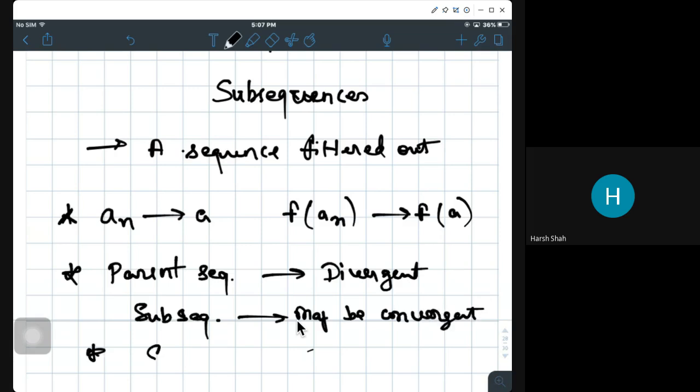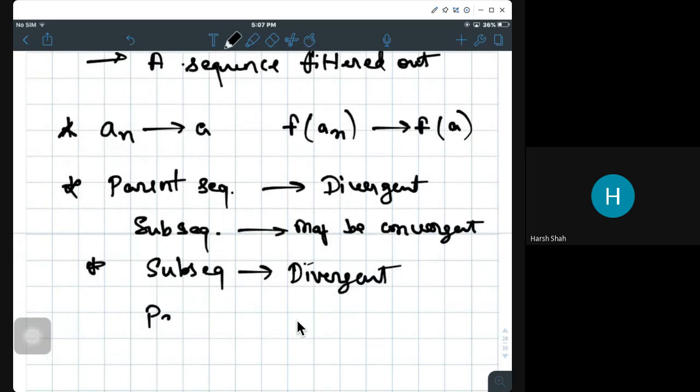But if you have a subsequence that is divergent, that means your parent was also divergent. Simple. Is this clear? These are the three things that I want to tell you.